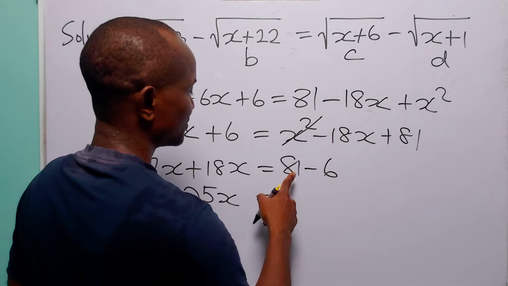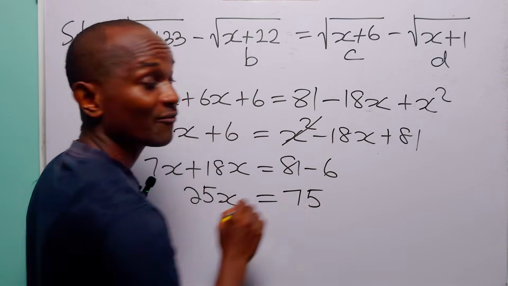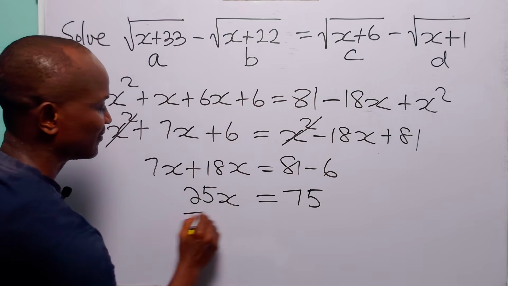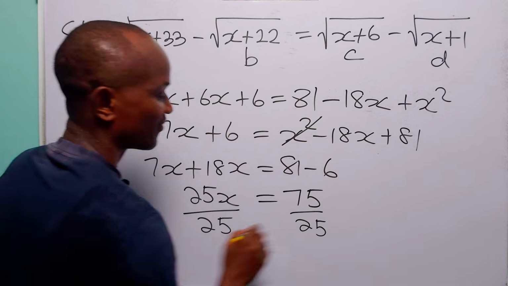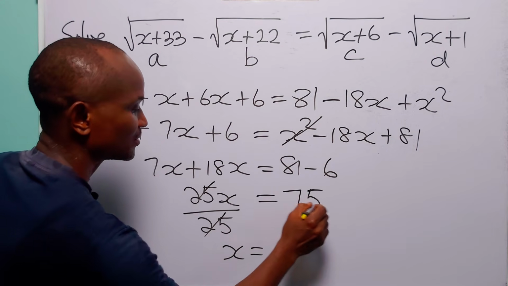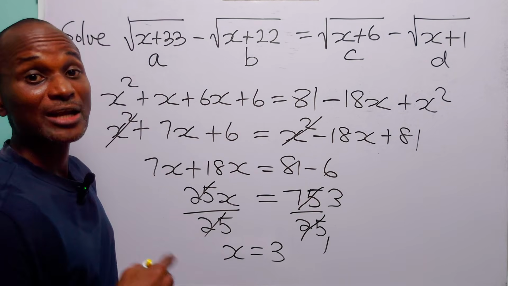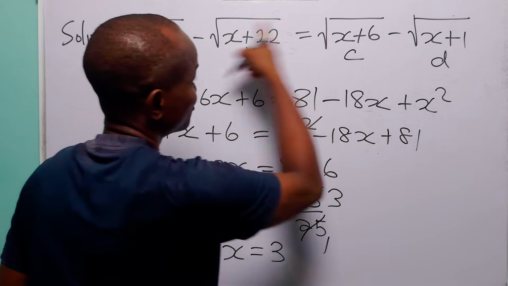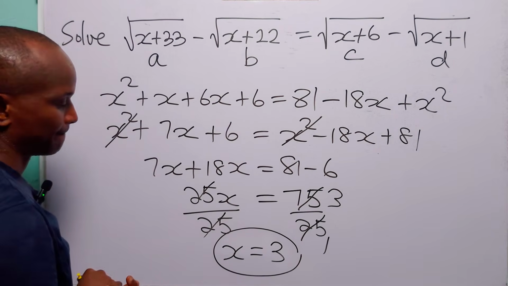This is equal to 81 minus 6, which is 75. Now we can divide both sides of this equation by 25 to find that x is equal to 3. So the only value of x that satisfies this radical equation is x equal to 3.